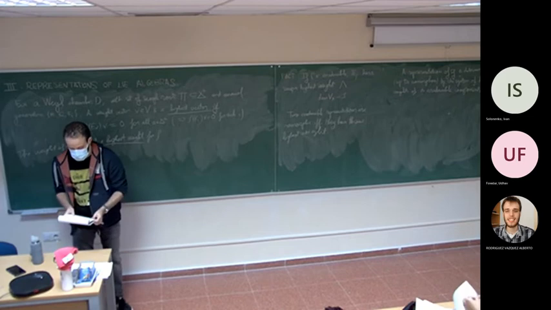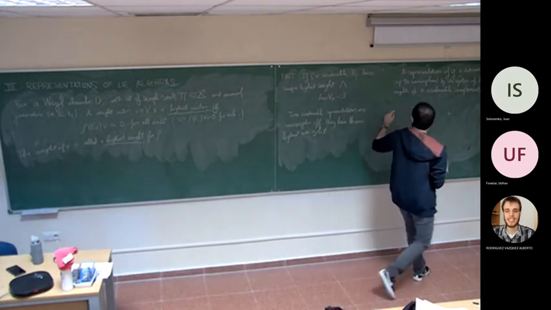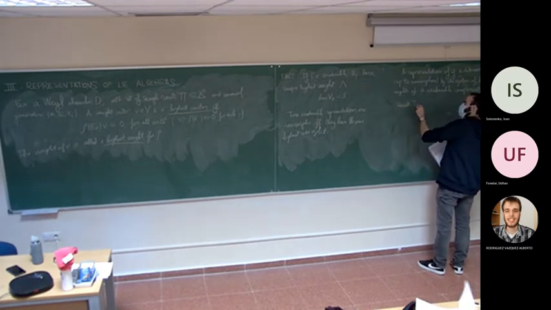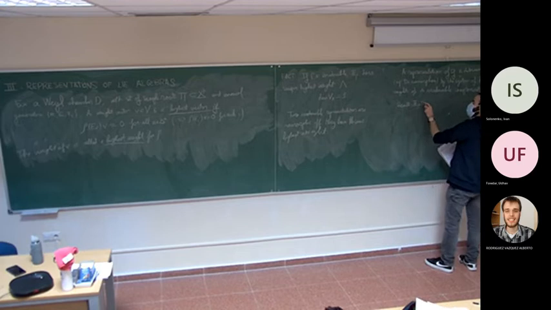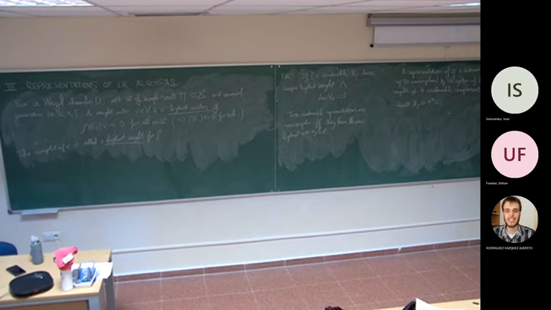Remember that the system of weights is always contained in the real form of the dual of the maximal toral subalgebra. They were real linear combinations of roots. Okay?